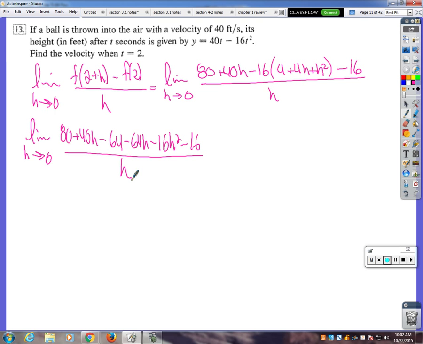Actually 80 minus 64 minus 16 equals 0. So that's a happy day. We have 40h minus 64h is negative 24h, minus 16h squared, all over h.